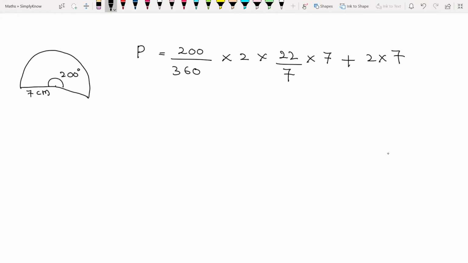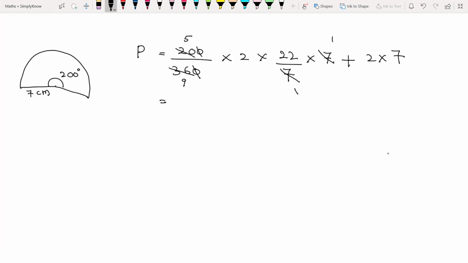times 7. Now let's simplify. I'm going to simplify this 200 and 360. So let's cancel the zeros. 20 divided by 4 is 5. 36 divided by 4 is 9. 7 and this 7 we can cancel, and that's it, right?